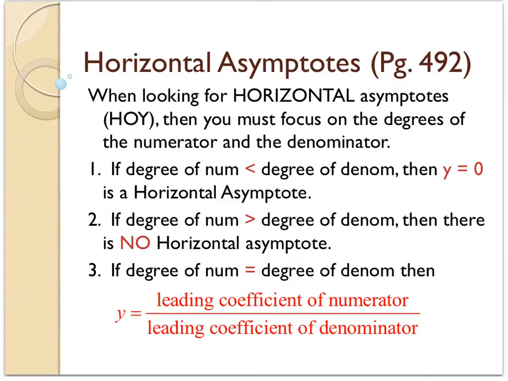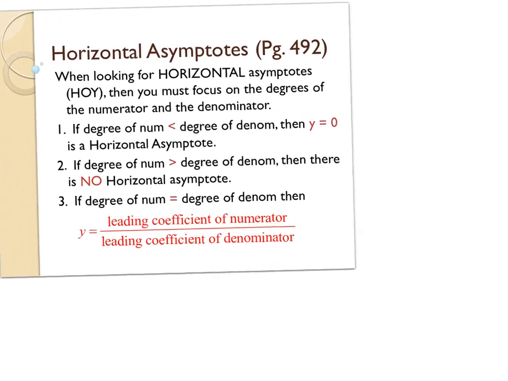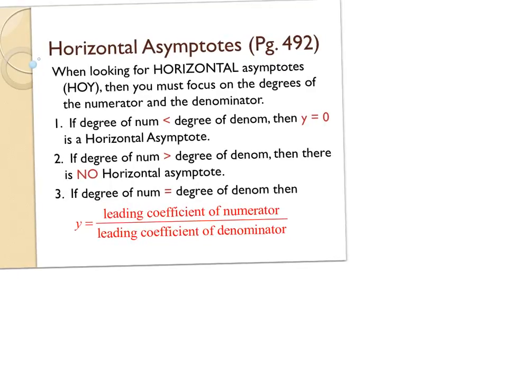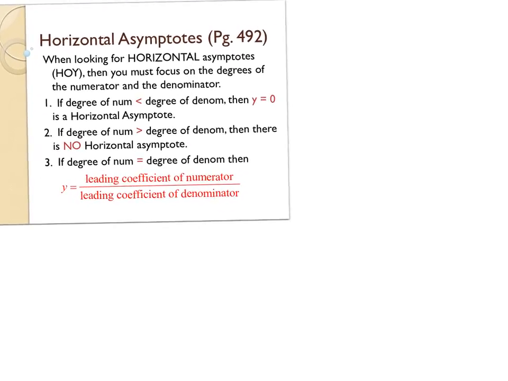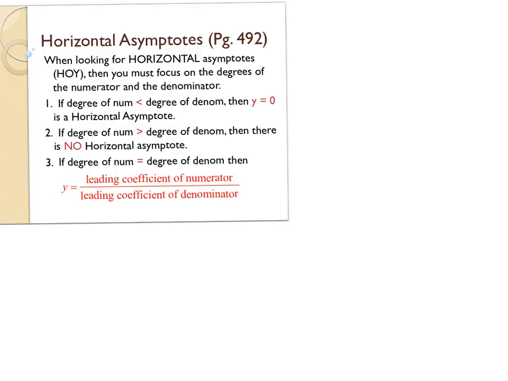Okay? So here is, which is on page 492 of your book, when we look for a horizontal asymptote, you need to focus on the degrees of the numerator and the denominator. So in our example, we had 2x over x squared minus 1. So this is a degree of 1 for the polynomial. This is a degree of 2.